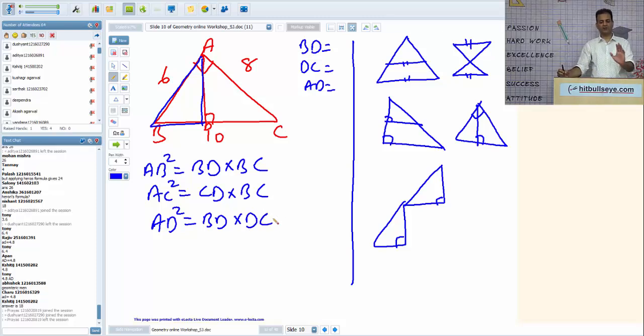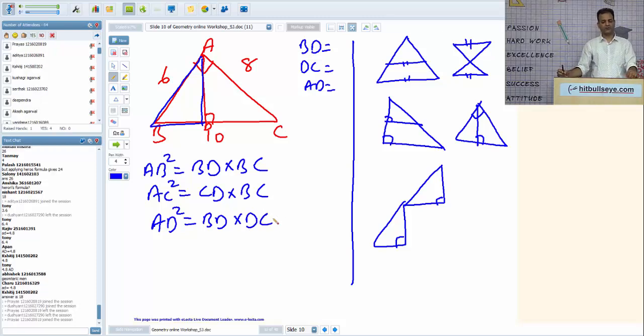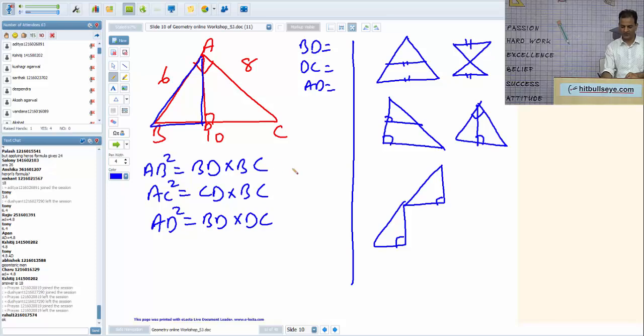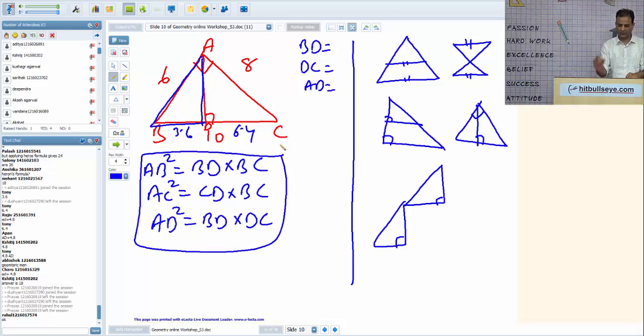So these three things will be very helpful in a lot of questions. Clear? AB square, this is by similarity, when you take triangle ABD and ABC, you will write the similarity theorem. Now when you apply the formula, then you will get BD as 3.6, DC as 6.4. You can apply the values over here.